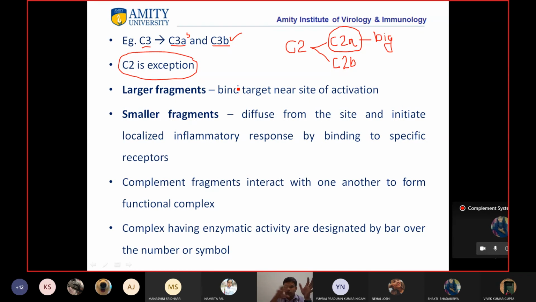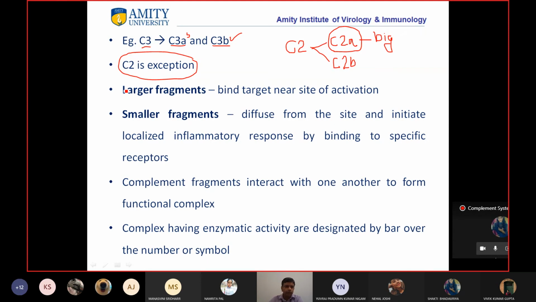the site of activation. जहां वो activate हुआ, उसके पास में जो भी cells होंगे, pathogen होगा, उस पे जाके activate होगा, right? Whereas the smaller fragment, right? So just imagine this. The smaller fragment will move away and do its work at some other place, and this will just bind to a pathogen nearby and get activated, right?